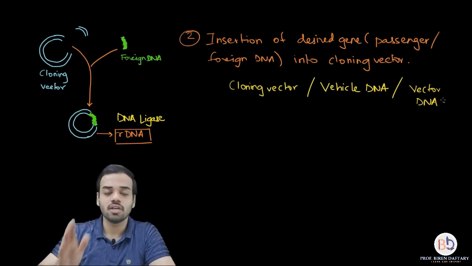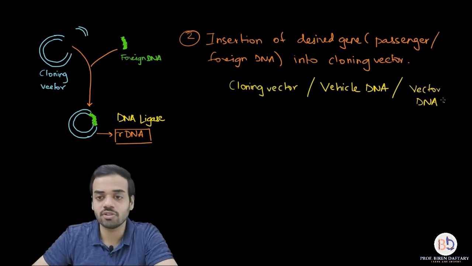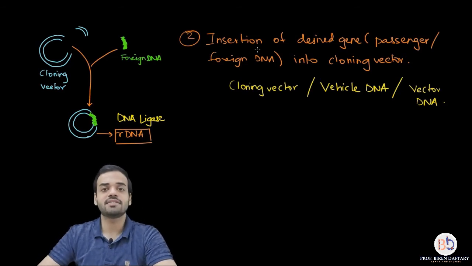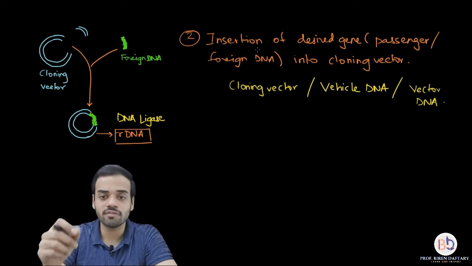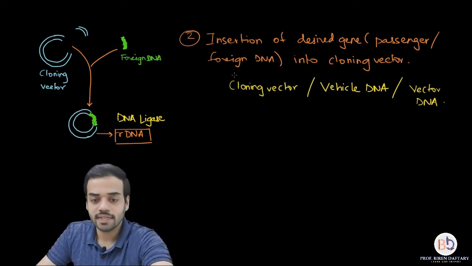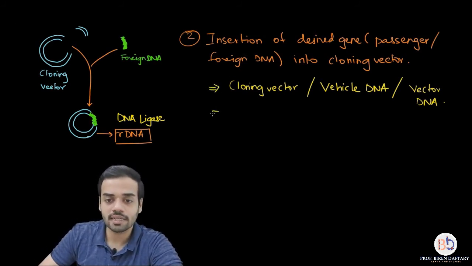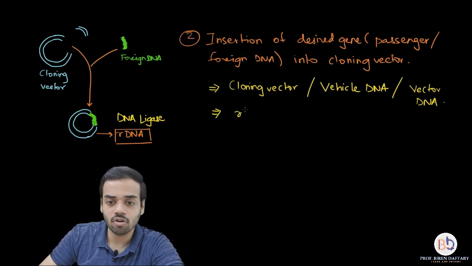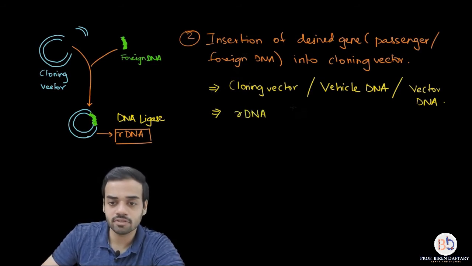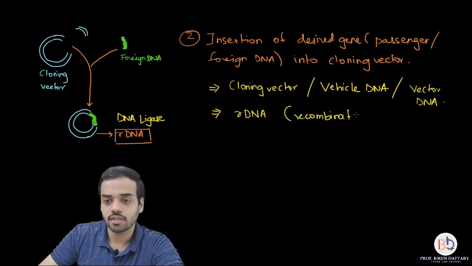Okay, so this is your second step. When you insert the desired gene into the cloning vector, what you get is called the recombinant DNA, which is also called rDNA. I will write it down over here.